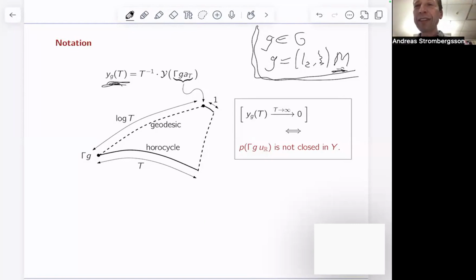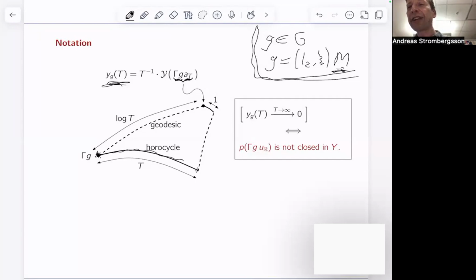So it only cares about the projection of gamma G to the space Y of lattices. This is a very basic picture when you study the horocycles in SL2R, for instance. So we look at the point gamma G, but project it down to Y. And then we flow by this diagonal flow A_T. That means that we follow the geodesic flow for a time log T. So here's the point gamma G. The point is that following the geodesic flow, this is the contracting direction for the horocycle.